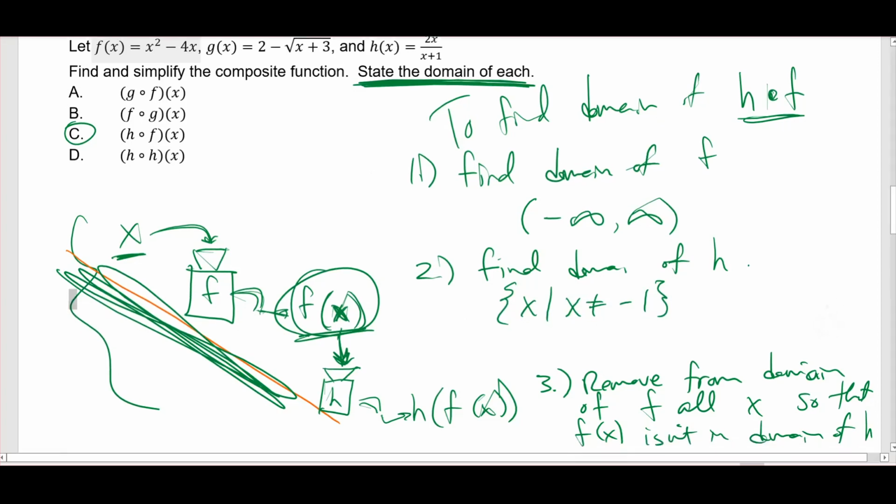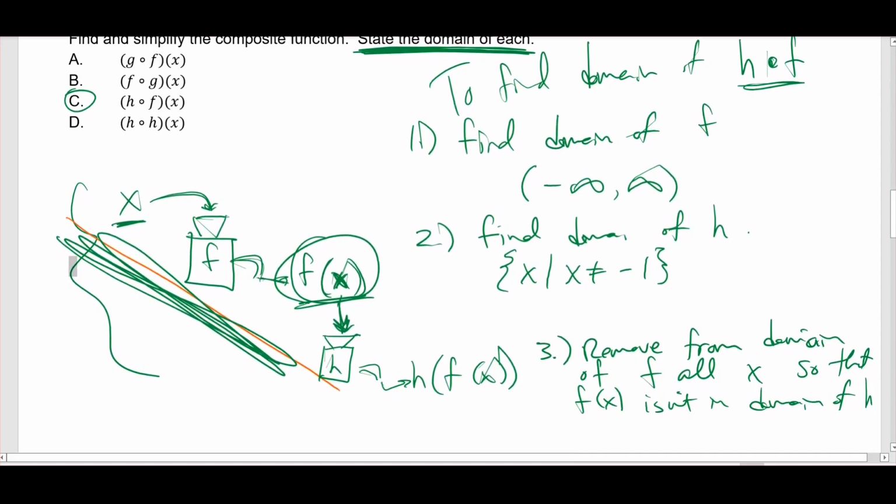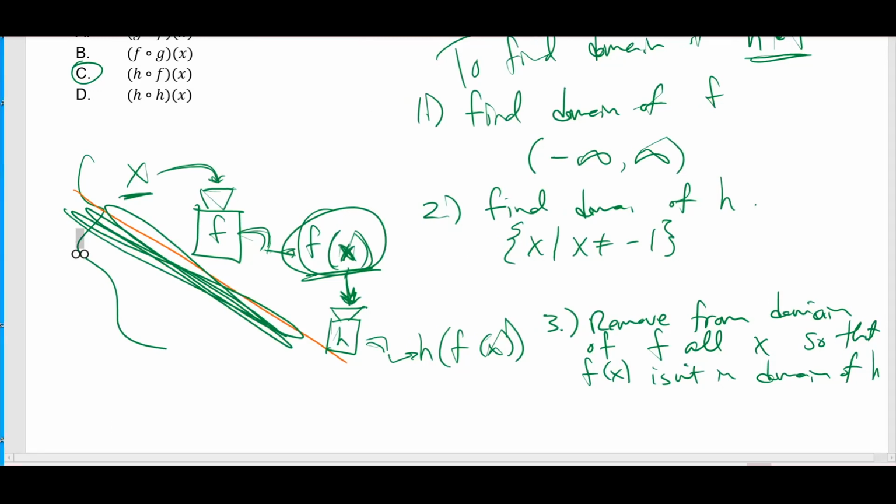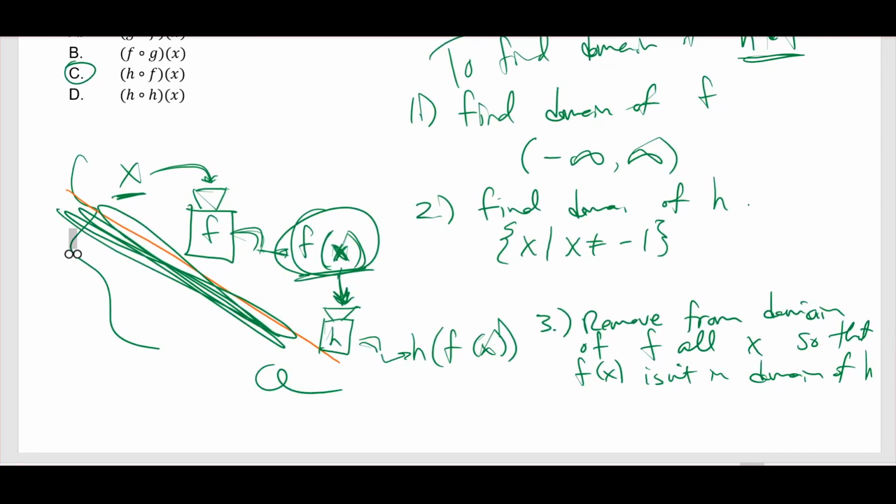Okay, so we have to remove from the domain of f all the x values that are going to make it so f of x isn't in the domain of h. So saying that in a slightly different way, where's my pen here? We can't have f be equal to the domain restriction from h, right?